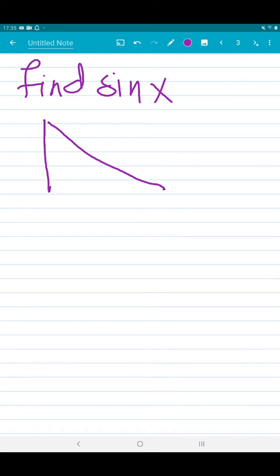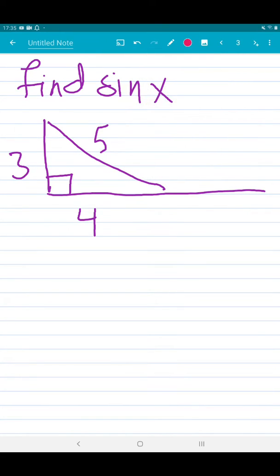Another type of example: find sin x in this triangle. This is 3 centimeters, right angle, 5, it's 4. This angle is x. Okay, but there's no information about x.